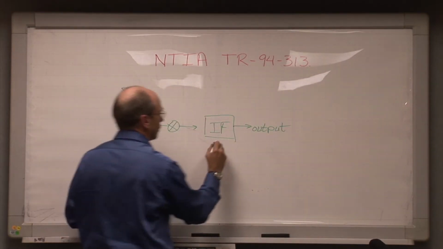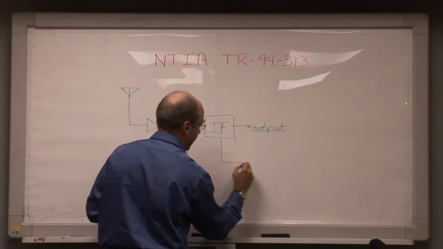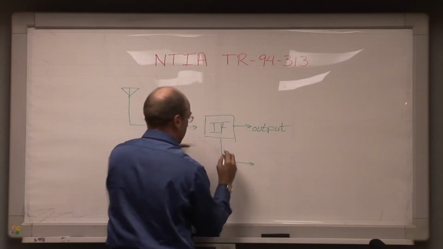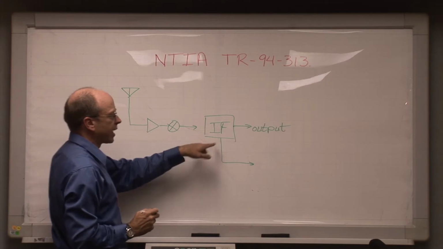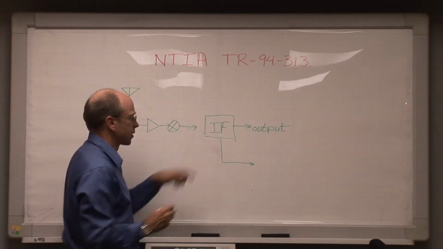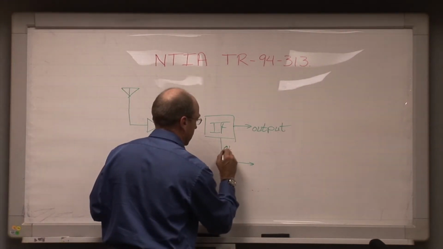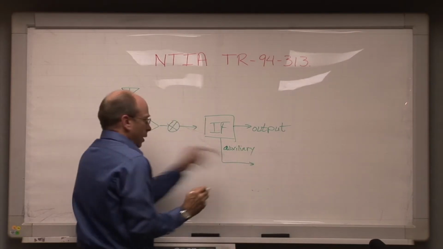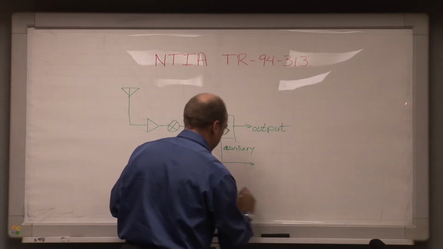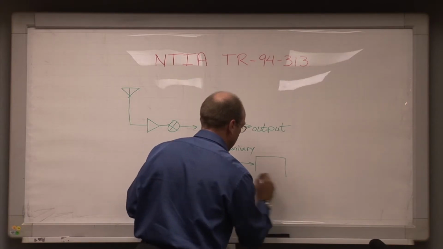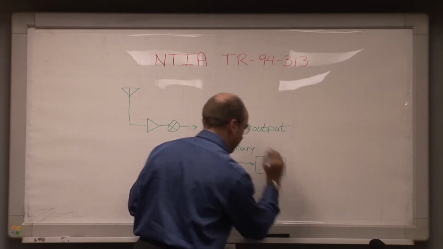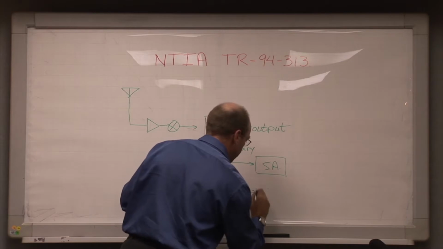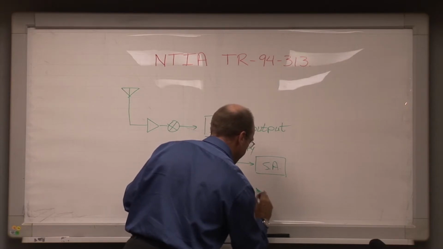What we need to do is in fact connect an instrument to some kind of output from the IF. It could be here, or it could be an auxiliary tap that runs out, and we can either run it out to a spectrum analyzer, or we can run it into a detector. This is a discrete component detector.